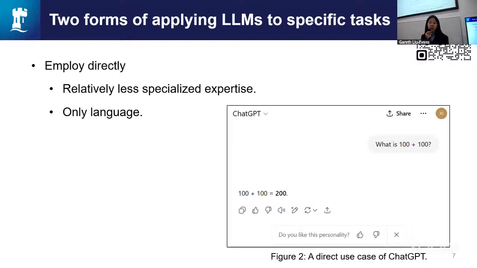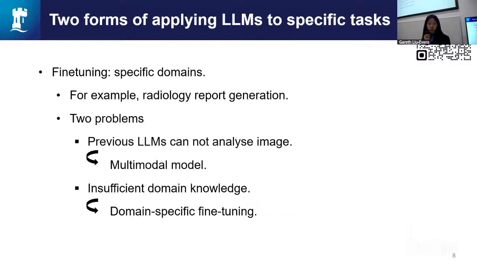And next, for now, ChatGPT 4.0 is a multimodality model which can take images as input, but the previous LLMs only take language as input. So we need to fine-tune the models for the specific domain.